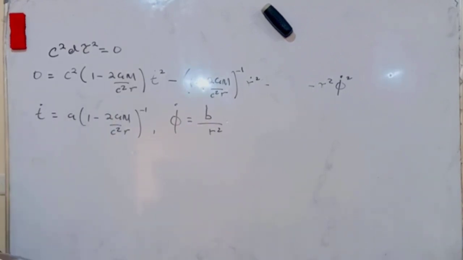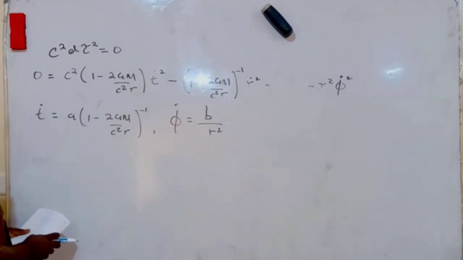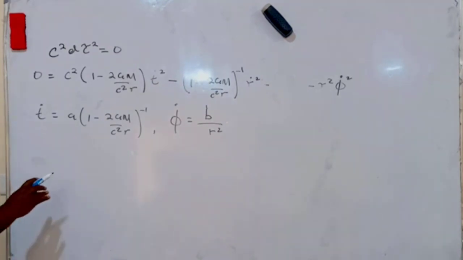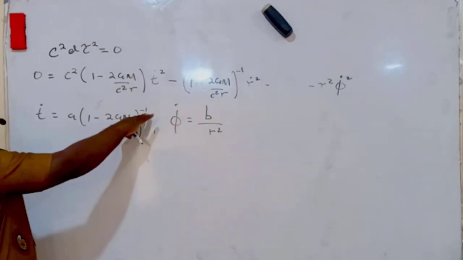If we do that, what do we get? Remember, this is squared, so there will be a minus 2 here.